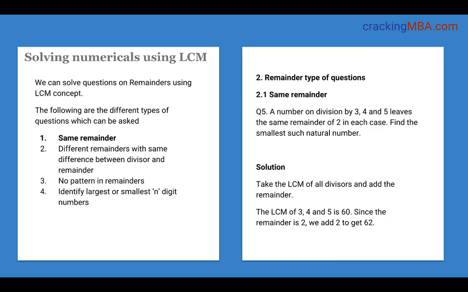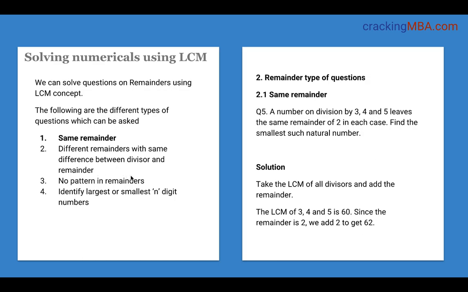The other application is in terms of solving remainder types of questions. Typically in CAT, these kinds of questions have been asked where you are given a remainder on division by a certain number of divisors, and then you have to identify the divisor based on certain conditions. So let us look at this approach. Here we are using the LCM concept for solving different types of questions. One is where you have the same remainder after dividing by different divisors.